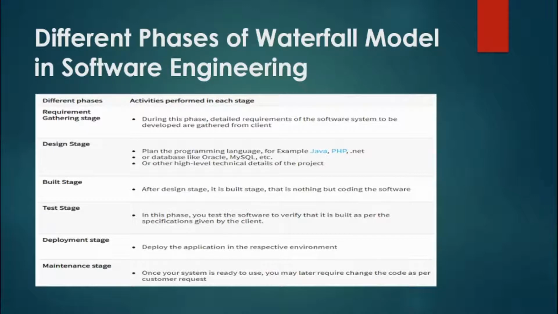Here you take the code and deploy it to the production environment or go live. After deployment, it's the maintenance stage. Once your system is ready to use, you may later require some enhancement or code changes as per the customer request. So these were all the phases of the waterfall model.